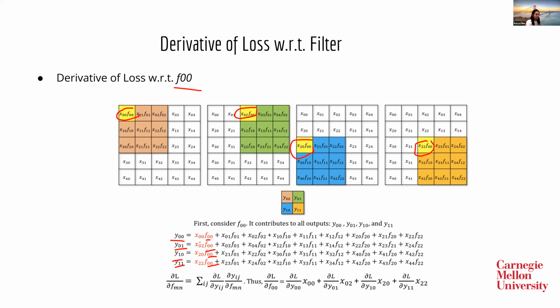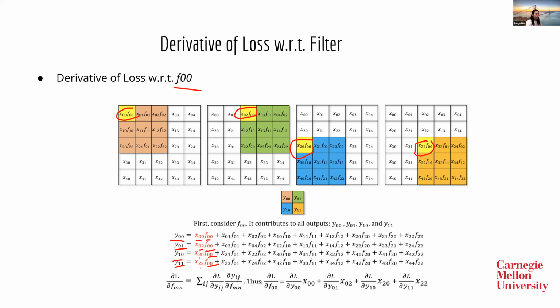So the loss of this f00 will be the loss of y00 times x00, the loss of y01 times x02, the loss of y10 times x20, and the derivative of y11 times x22.